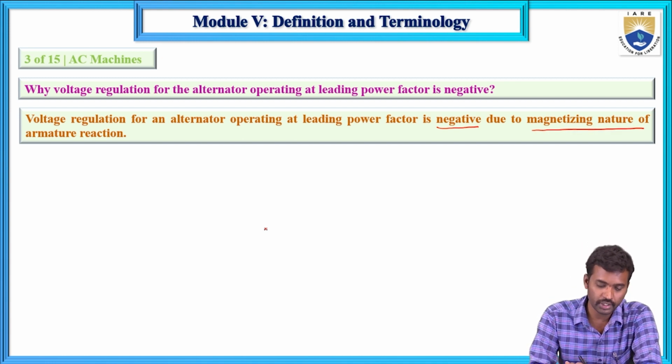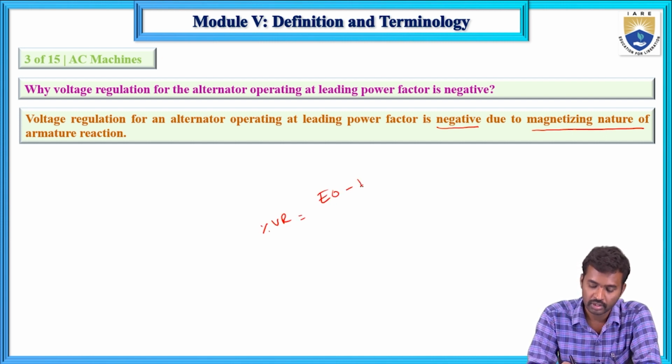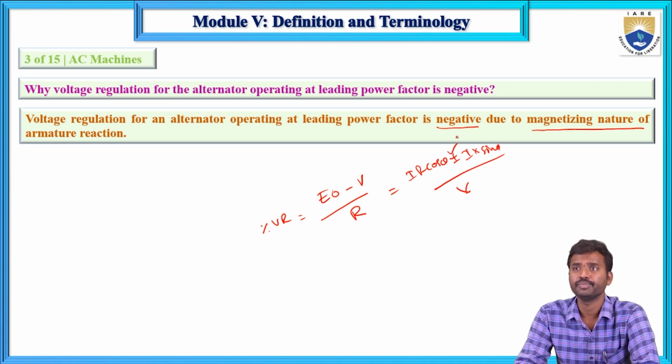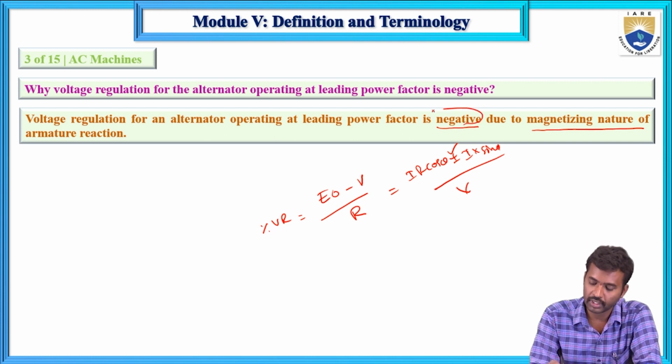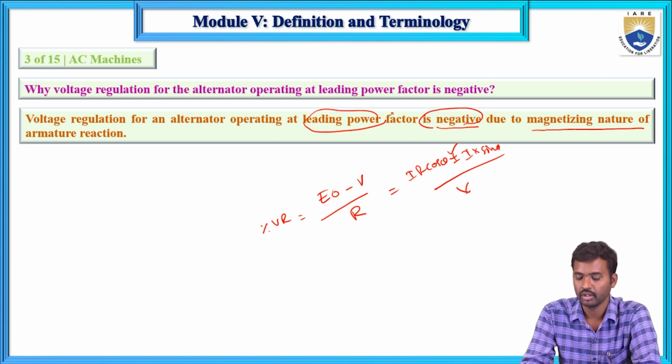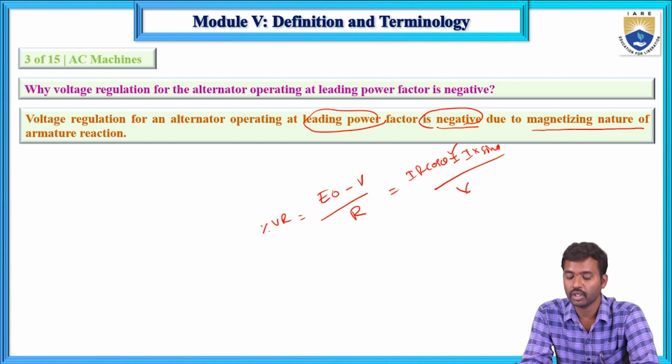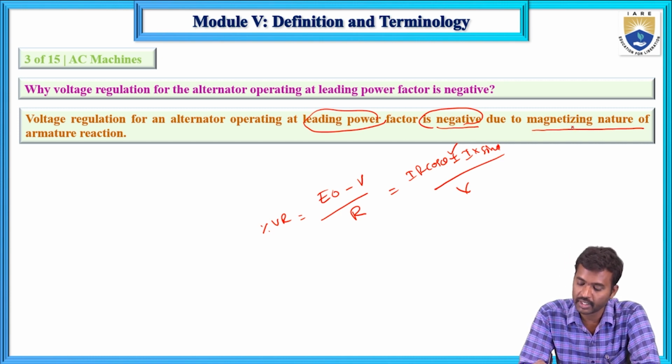The percentage voltage regulation equals (E0 minus V) divided by V, which we can write as (IR cos phi plus or minus IX sin phi) divided by V. It is positive for lagging power factor and negative for leading power factor, because of the magnetizing nature of the armature reaction in the alternator.